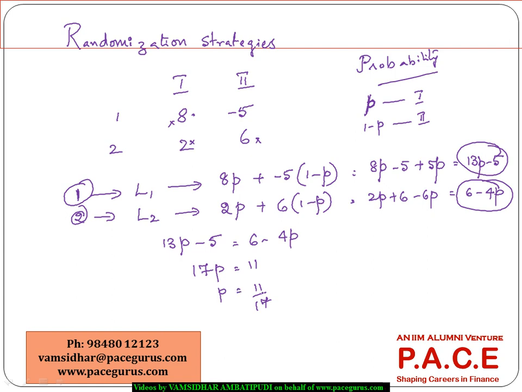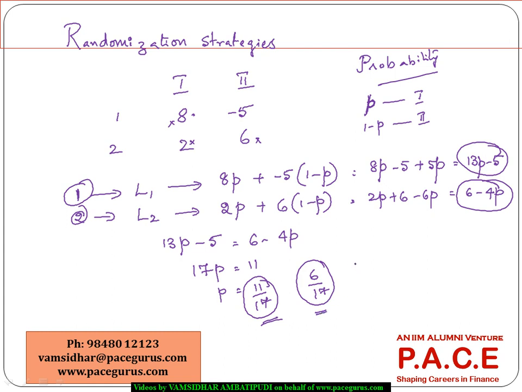Resulting in P equal to 11 by 17, which means this is the probability that he should choose option number 1, and he has to choose option number 2 with the probability of 6 by 17, so that his overall loss is going to be the minimum possible. And if he chooses this way, what is going to be his loss?